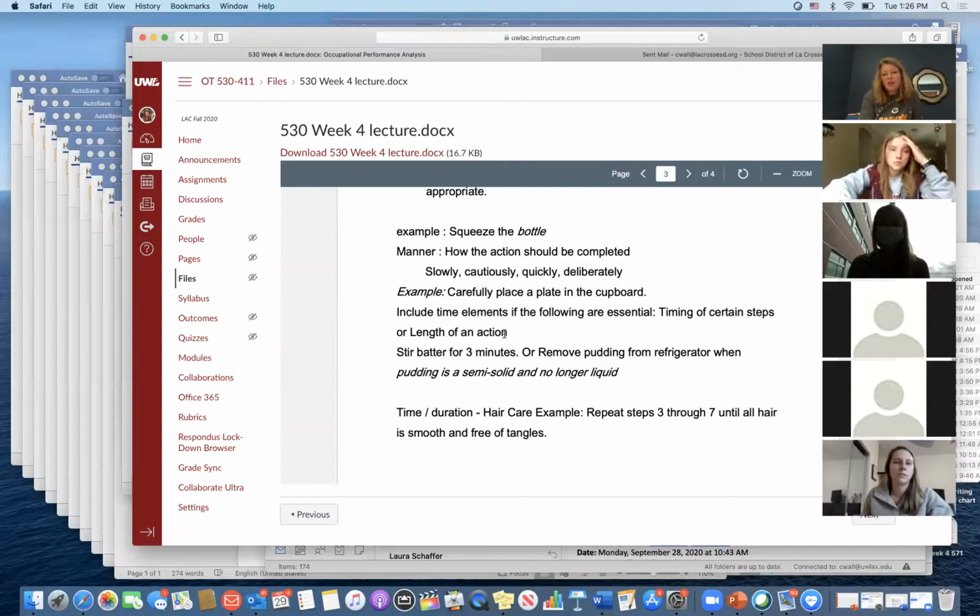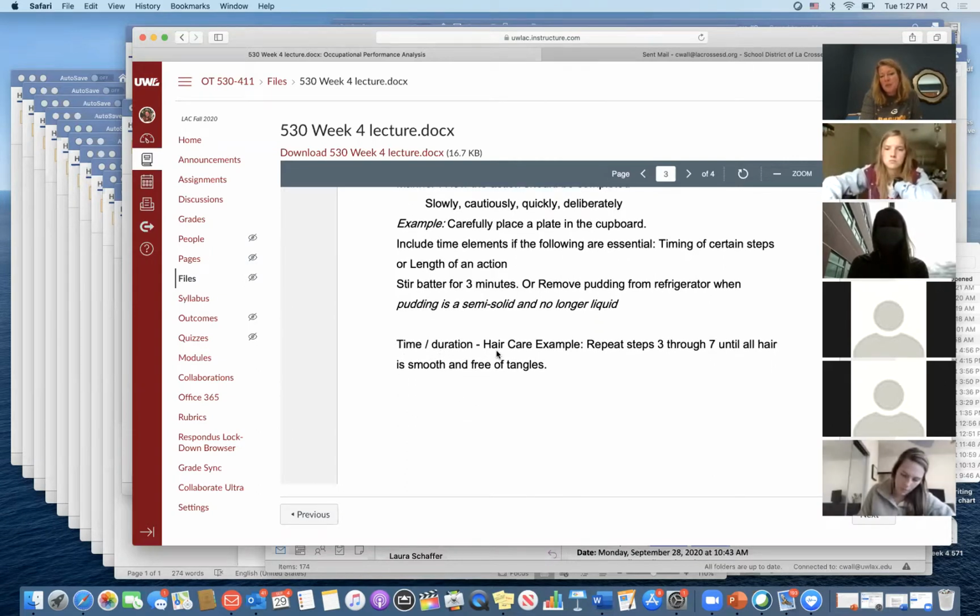Like the elements of time: my friend doesn't really understand time with cooking, and she would stir a batter for probably 20 minutes because she would never know if it was done enough, or she would cook things twice as long just to make sure they were really cooked. So be really clear on the length of time required for cooking or baking.